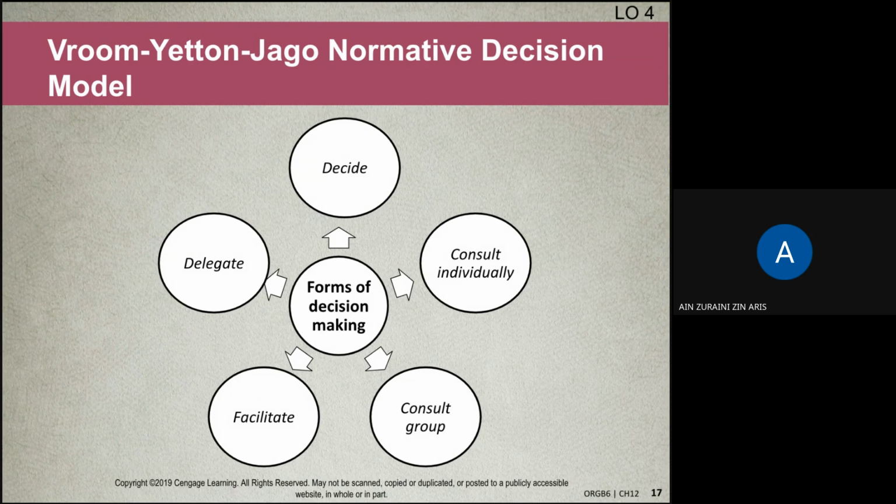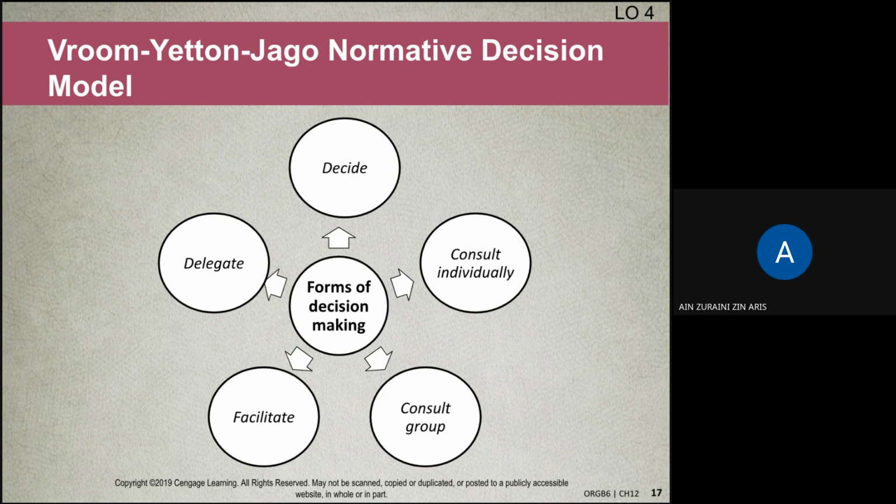Okay, the second one is autocratic type 2. Autocratic type 2 is when the leader gathers information from team members but makes the decision alone.